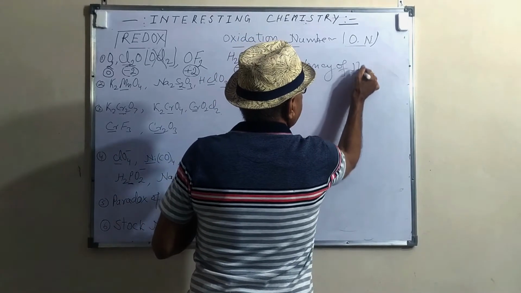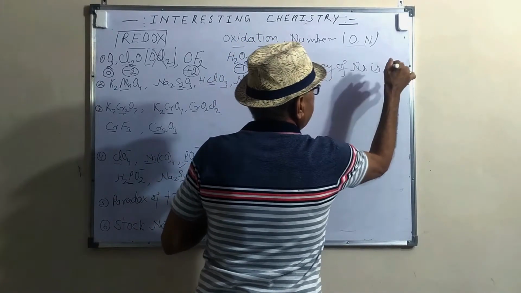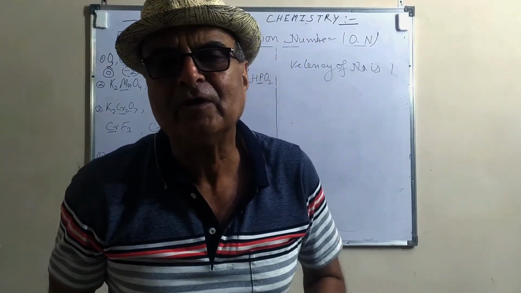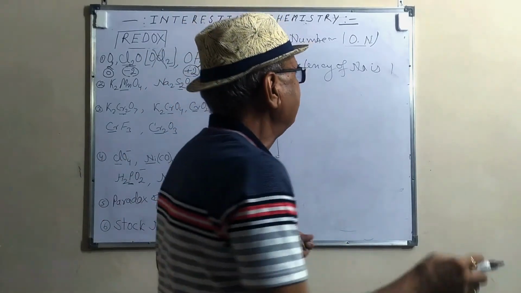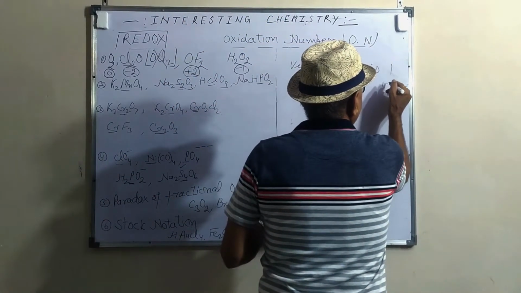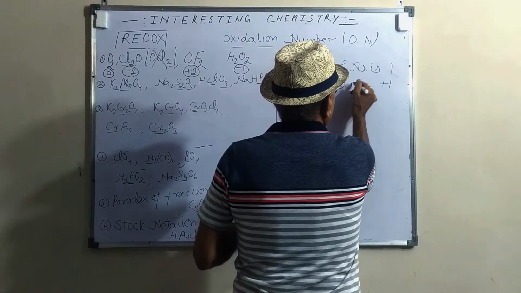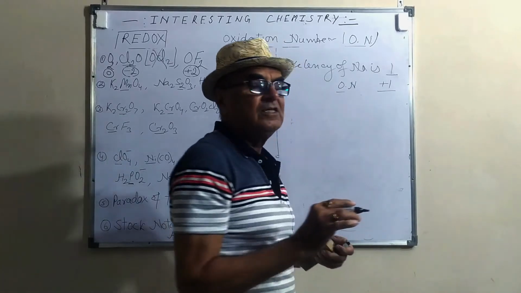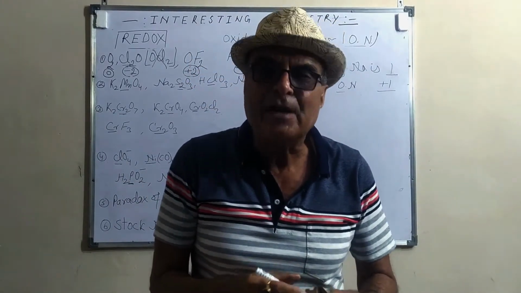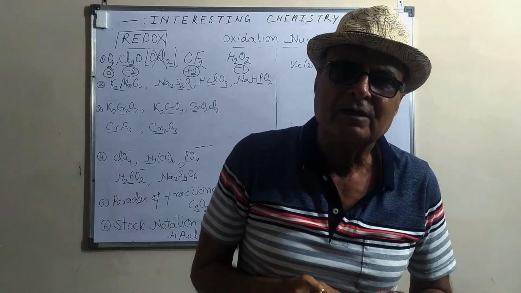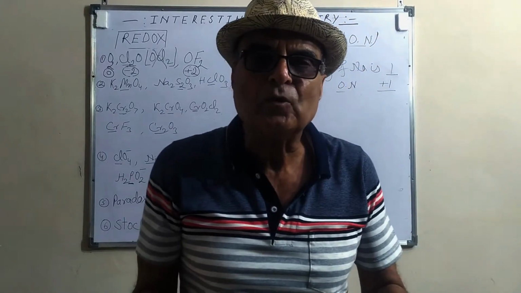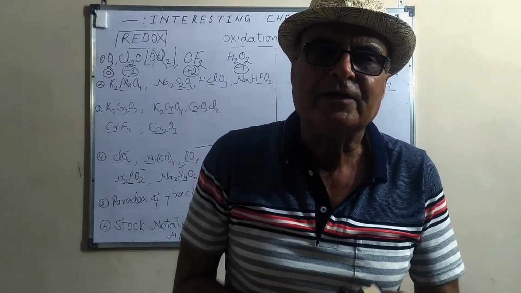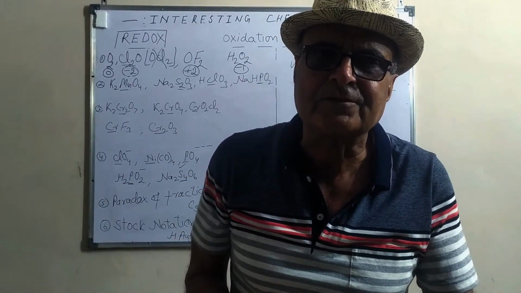The oxidation number of sodium is also +1, but the difference is that valency is always a number like 1, 2, 3. The valency of chlorine is also 1. Valency is never denoted in plus or minus.